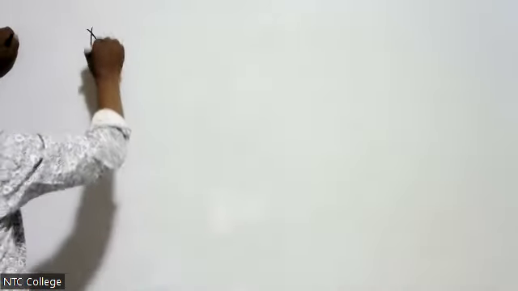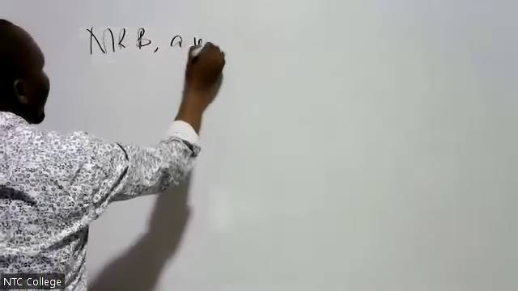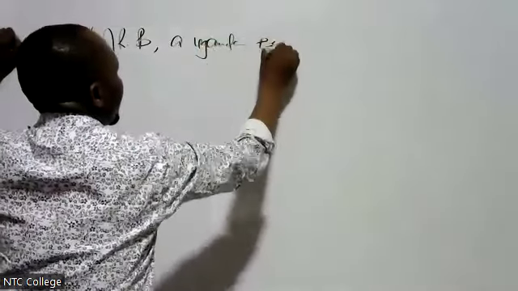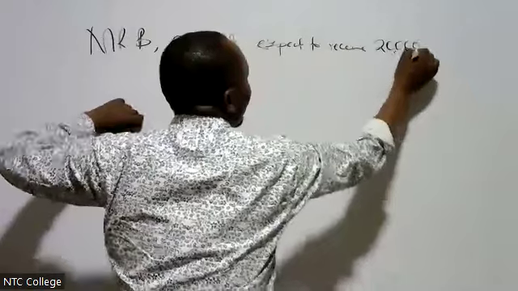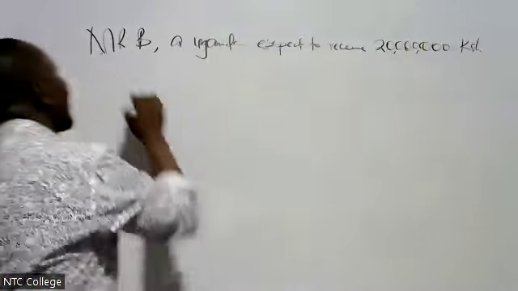Mr. B, a Ugandan, jamaa anaitwa Mr. B. Mr. B, a Ugandan, expects to receive 20 million Kenyan shillings in 3 months' time.